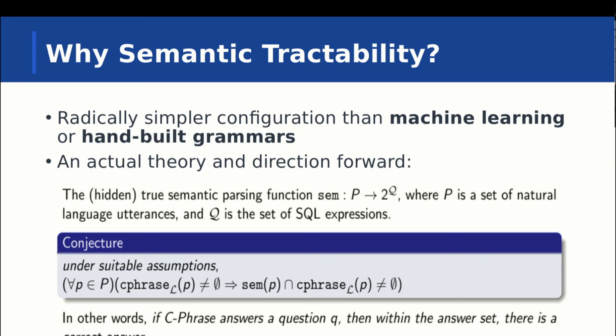We don't have the time to go into this so much, but if we had the truth of what the mapping should be from a natural language expression to a set of queries, or a set of correct interpretations, then the conjecture is that under suitable assumptions, if C-Phrase, the semantically tractable approach, answers the question, then the interpretations it returns intersect with the actual true semantic function. So it's still a conjecture and still needs a lot of formal work, but basically, if C-Phrase can answer the question, then within the answer set there is the correct answer. That's a nice property to have.